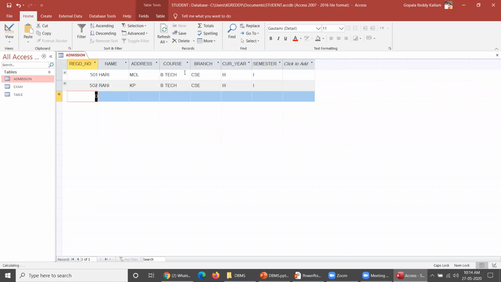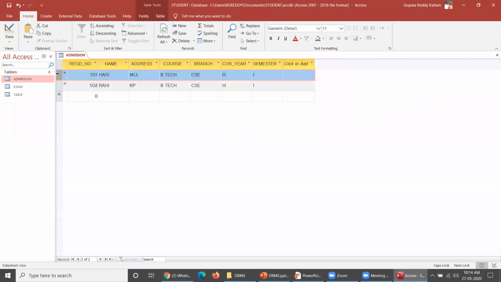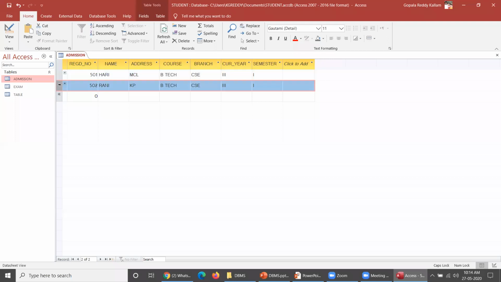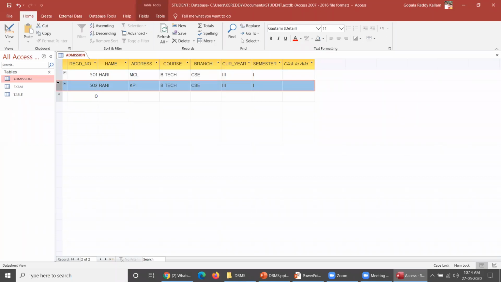If I enter something like this, this row belongs to Rani, who has the complete information regarding this one. The first row is related to Hari and the second row is related to Rani. Such complete information regarding one realistic person, one realistic entity, is known as a tuple. It must describe all properties of that particular fellow.